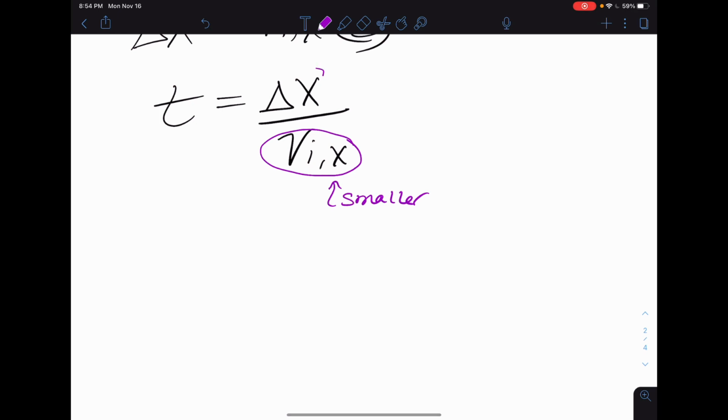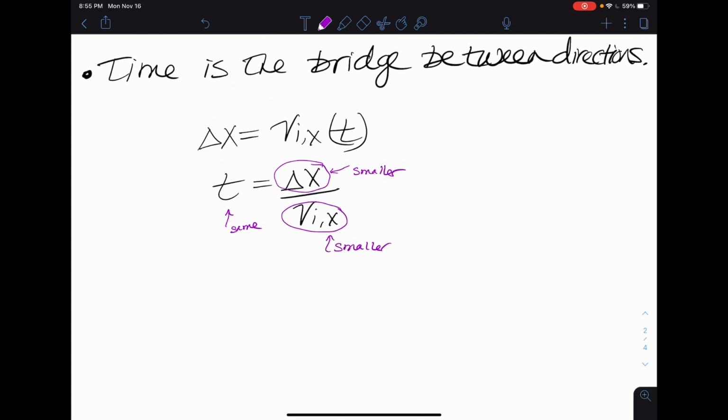You can't have it go the same delta x with a smaller x velocity. If you make the x velocity smaller, what's delta x going to do? It's going to get smaller too. And therefore, the time in the air stays the same. So this is why the x direction doesn't determine the time in the air. The y direction does.